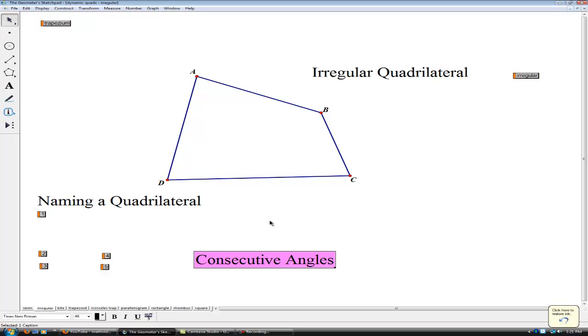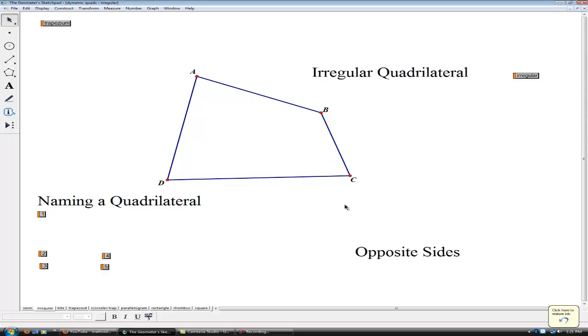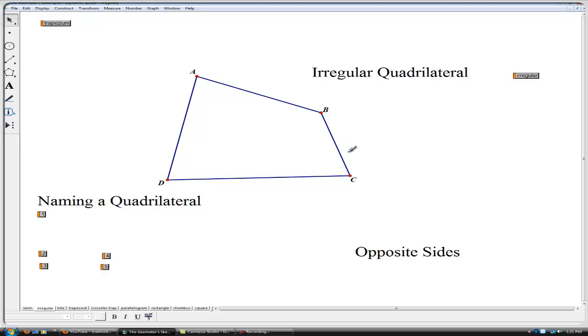What are consecutive angles? Those would be angles that are next to each other as we travel around the perimeter. So angle D and angle A are consecutive angles. We could also say angle D and angle C are consecutive angles. Opposite sides, you would have to travel across, so BC and AD would be opposite sides, as would AB and DC.